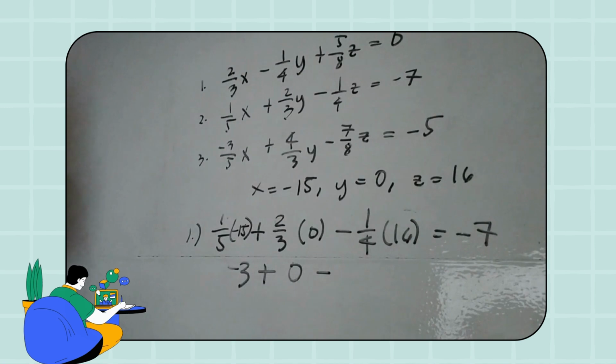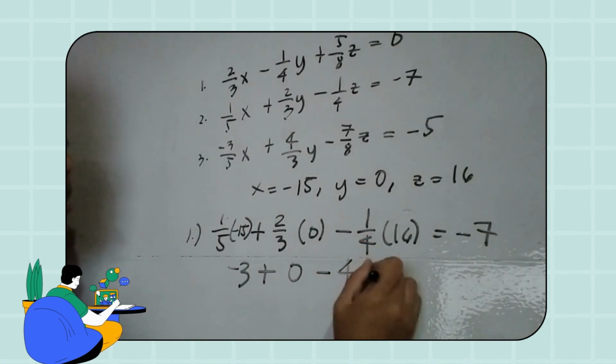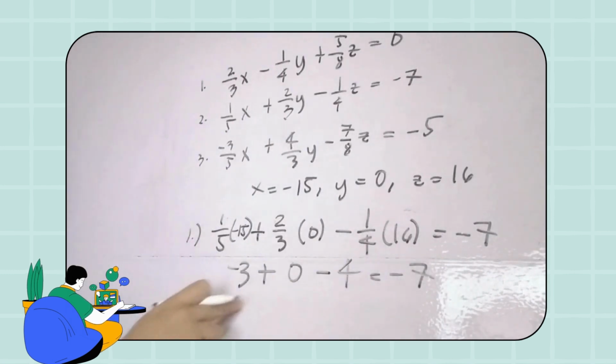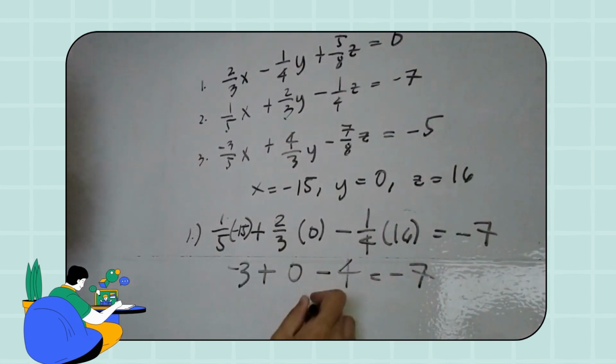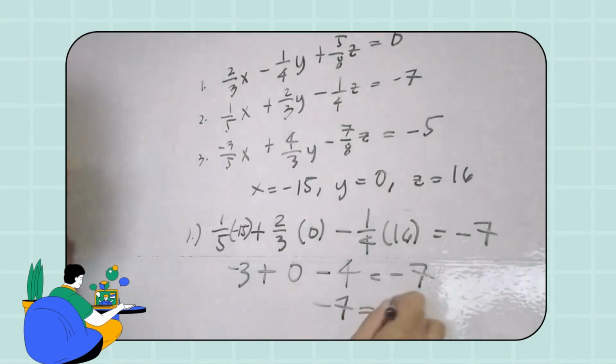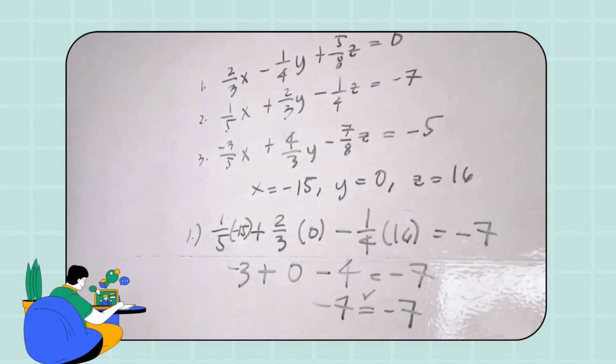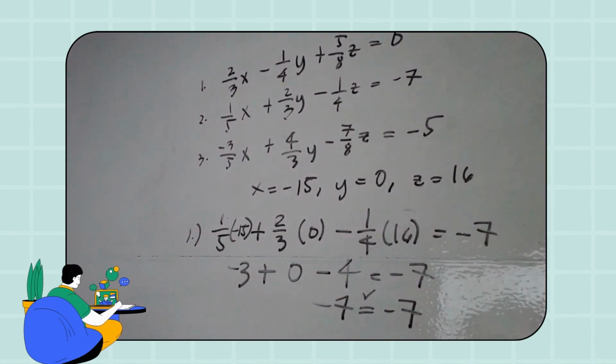And 1/4 of 16 is 4. So negative 3 plus 0 is negative 3, minus 4 is negative 7. That means that our solutions are also verified for the second equation.